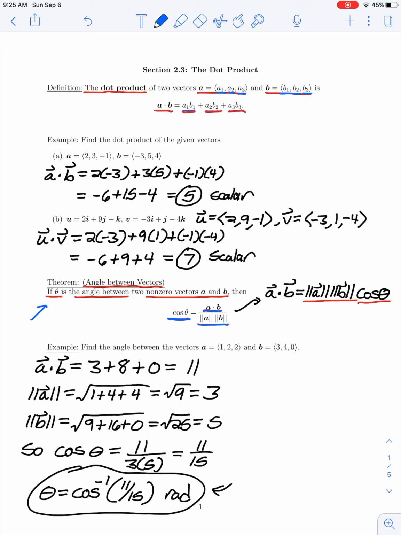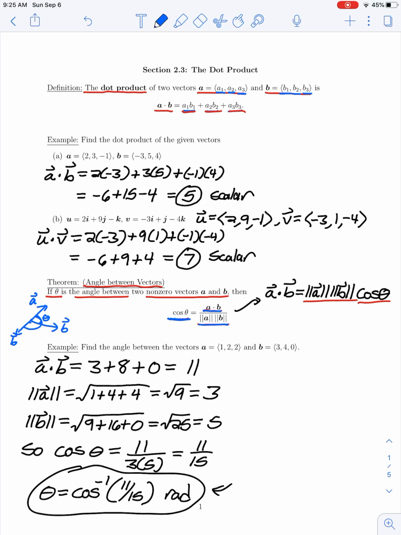If we have any two vectors, A and B, the angle between them, theta, could range anywhere from 0, if they're pointing in the same direction, up to 180 degrees, or pi radians.